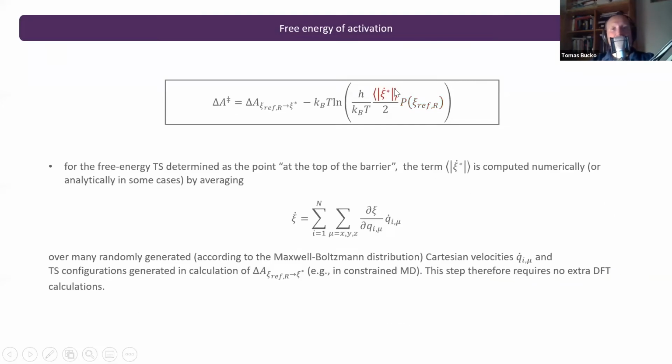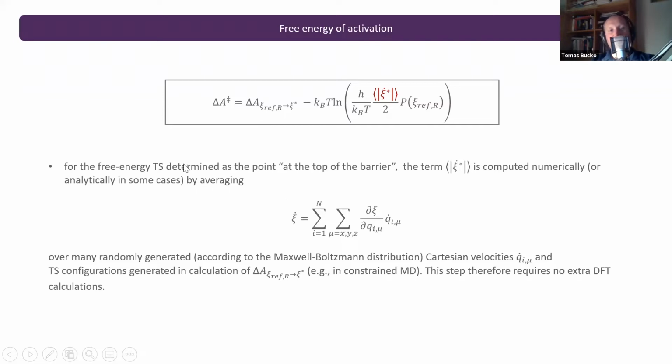Right. The next term is the velocity. Let's suppose that the ensemble of free energy transition states has already been determined, because we do so in computing this step. We have an ensemble of transition states. Now the calculation of this term is very easy because it doesn't even require any additional DFT calculations. All we have to do is express velocity in internal coordinates, which depends on velocities in Cartesian coordinates times this Jacobi term, and this is position dependent, right?